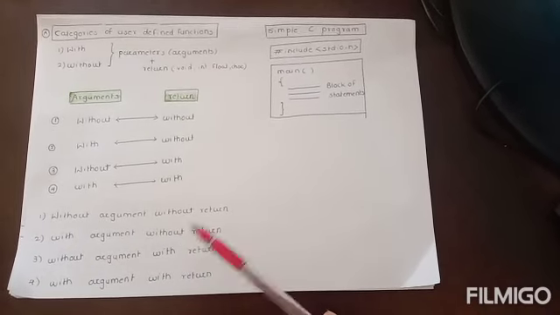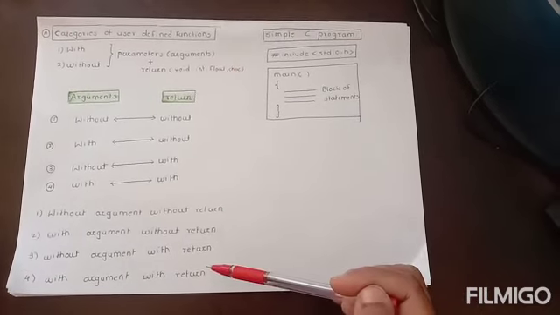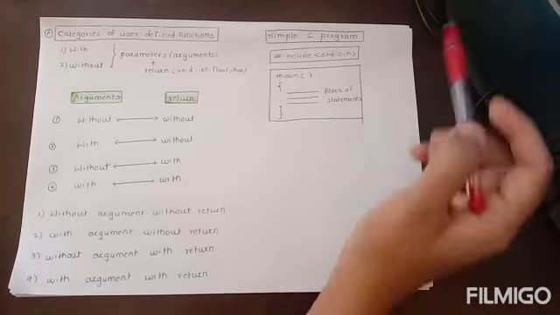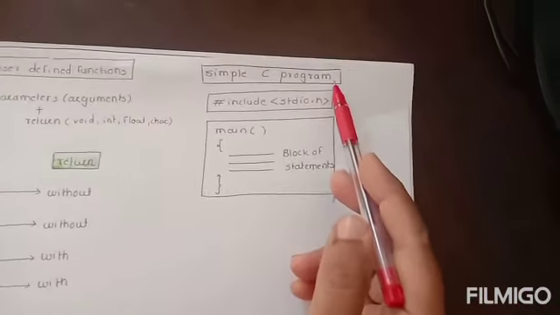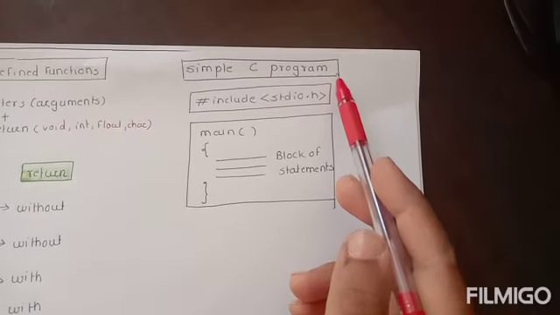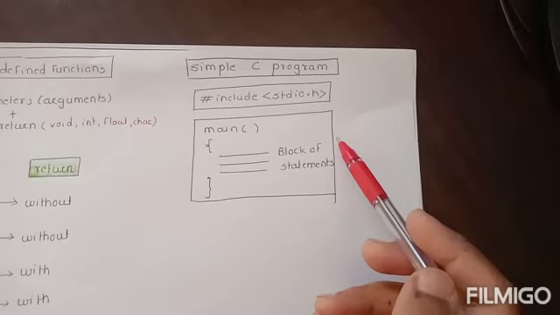Before moving further, for a detailed explanation of these categories, first we'll see the simple C program structure, in which everyone knows that two blocks are very important.